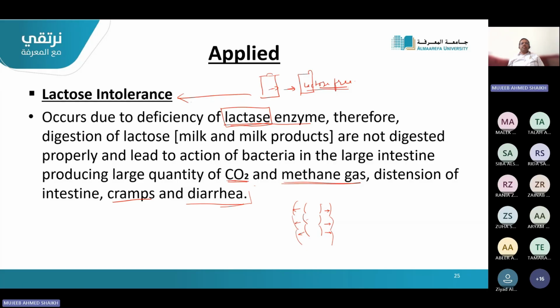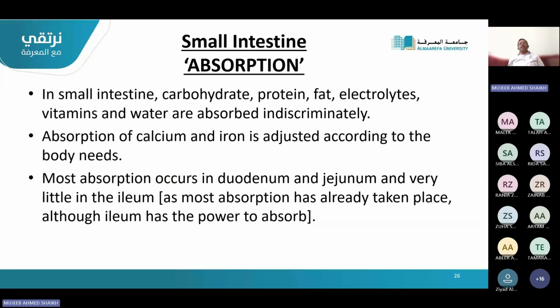So this could be lactose intolerance, because this enzyme is not secreted in a good amount in the early stages. That's why newborns have a cry after meals because of lactose intolerance.